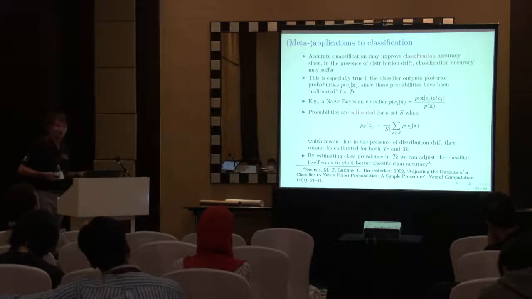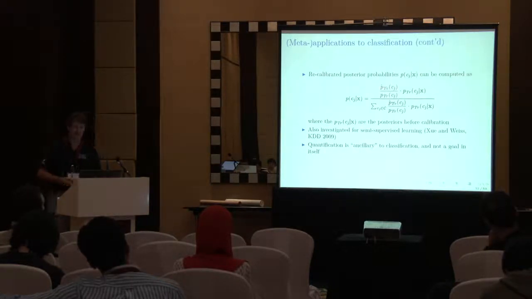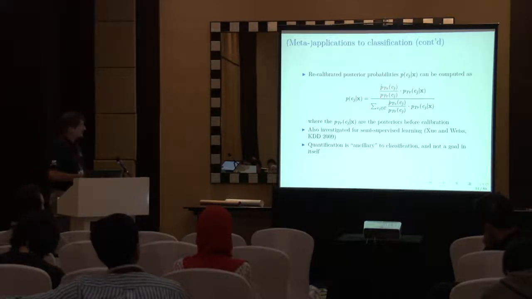Trying to do quantification allows you to recalibrate your probabilities to the new reality that you're going to tackle, and so adjust the classifier to yield better classification accuracy. Optimal Bayesian decision theory tells you that in order to recalibrate your probabilities, you simply need to apply this recalibration formula, which is very easy.